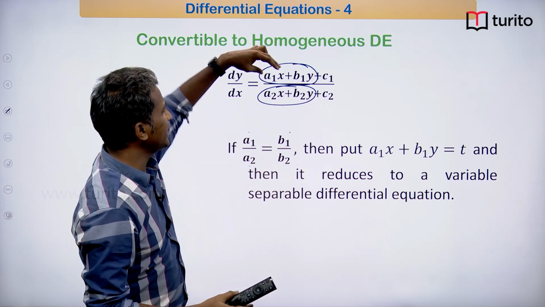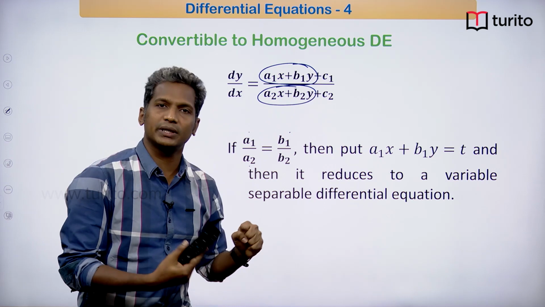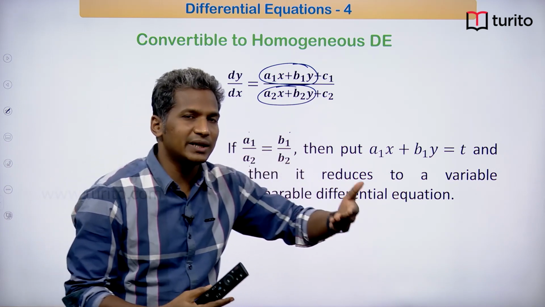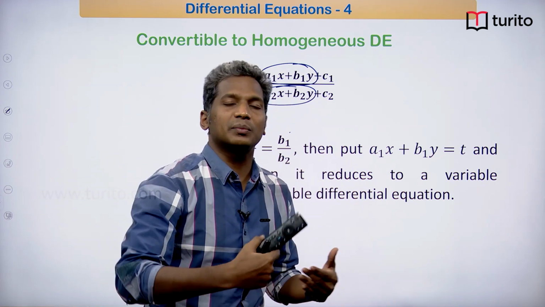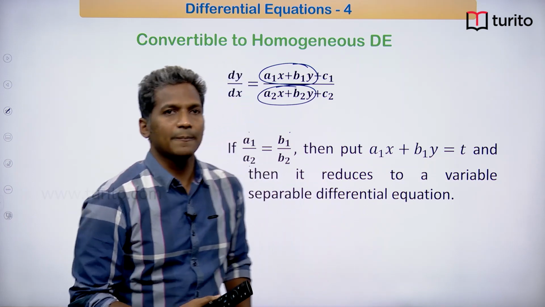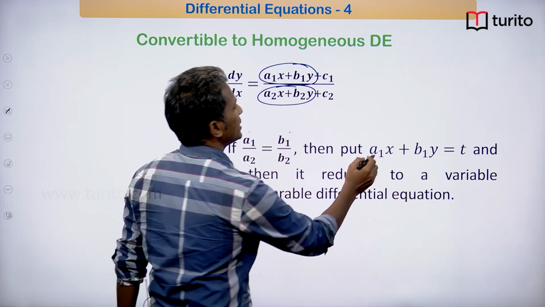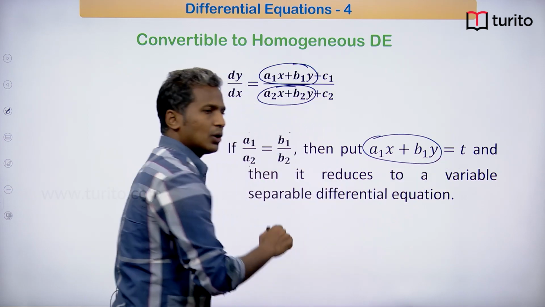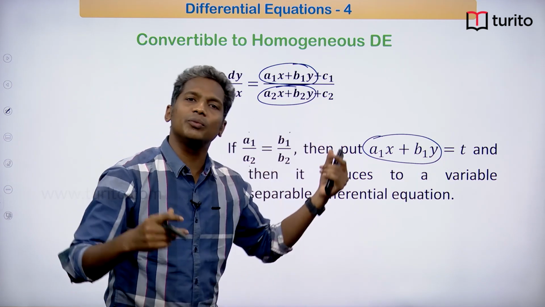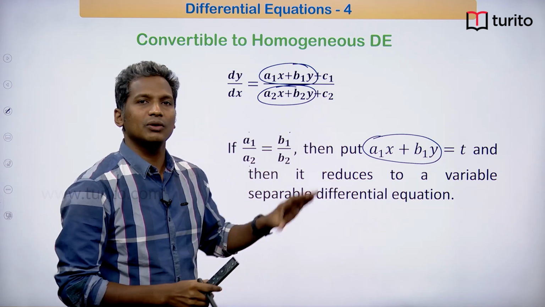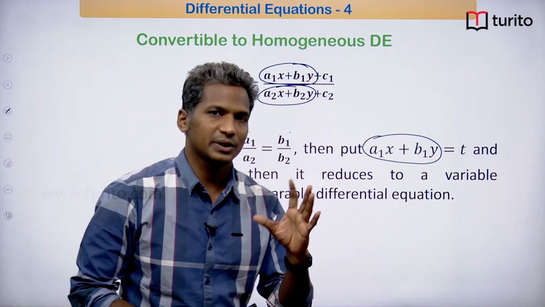So, that means k into this expression equal to the denominator. So, that means we can divide it by adding and subtracting appropriate constant, and then by assuming this to be t or by assuming the entire denominator to be t, we can solve it directly using variable separable method.